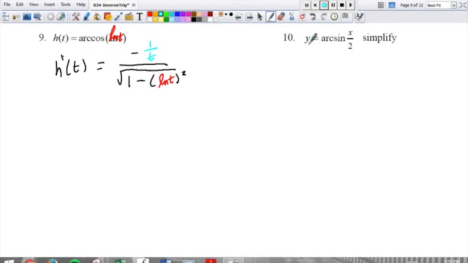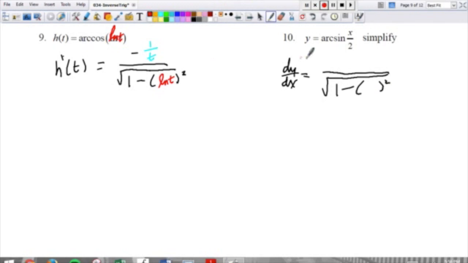Interesting one. Very, very interesting, for a very varied number of reasons. Okay, here we go. It's an arc sine. dy/dx equals, fraction bar, square root of 1 minus the current inside squared.